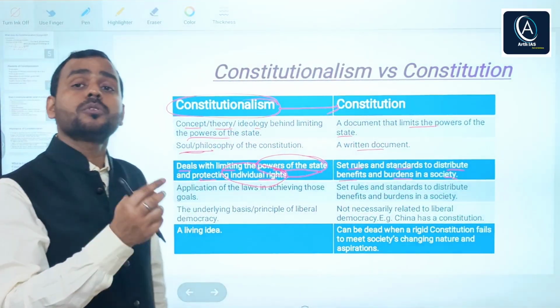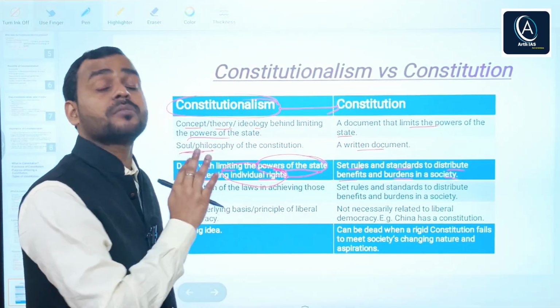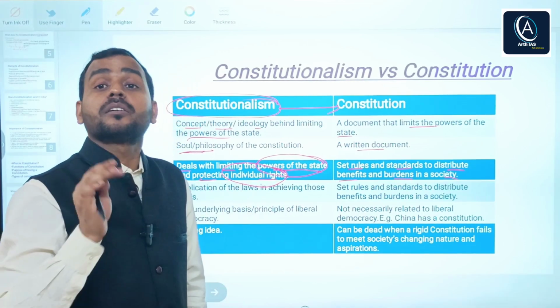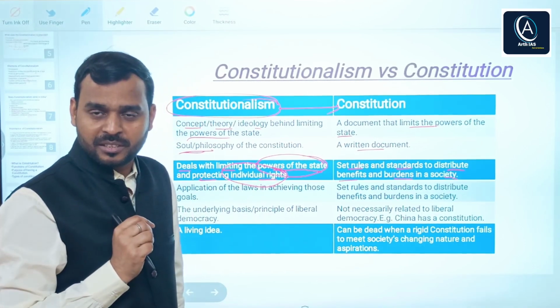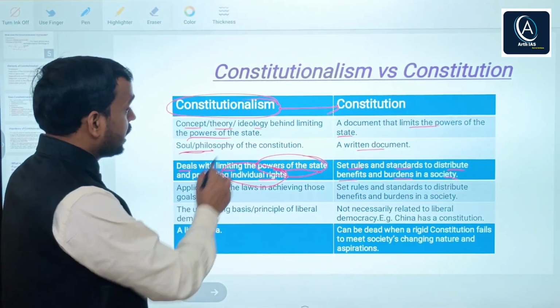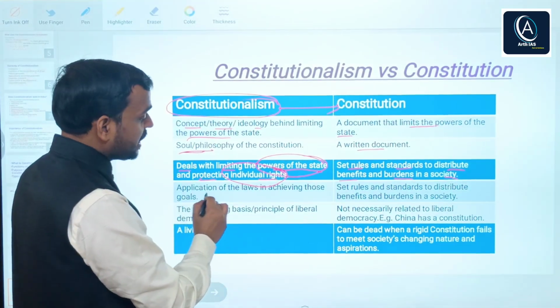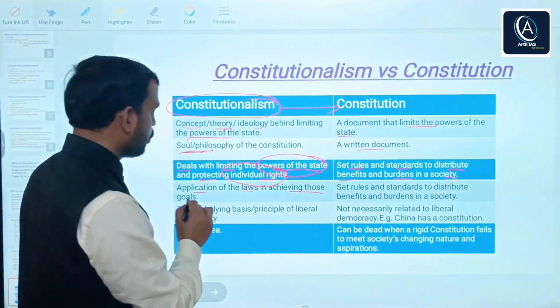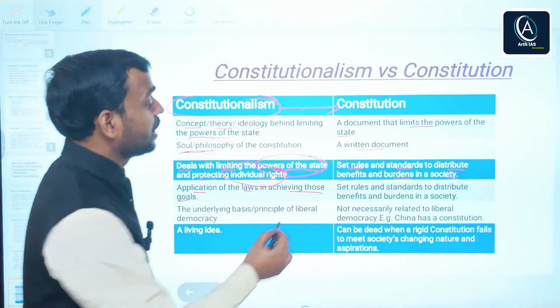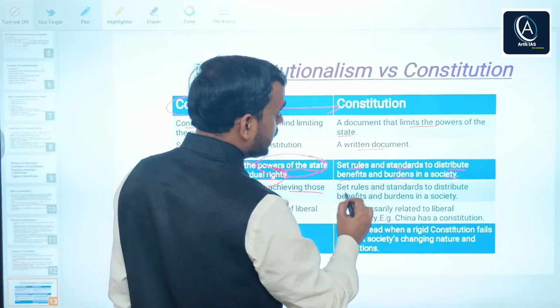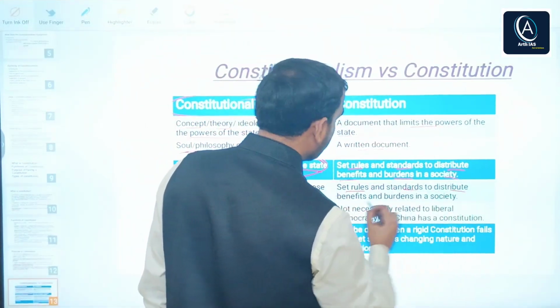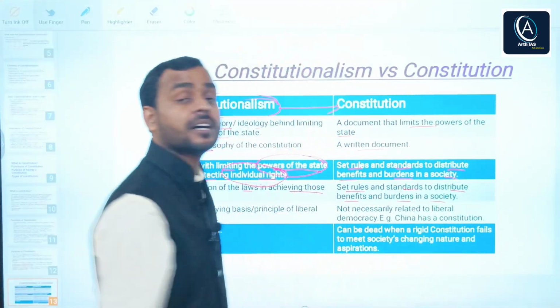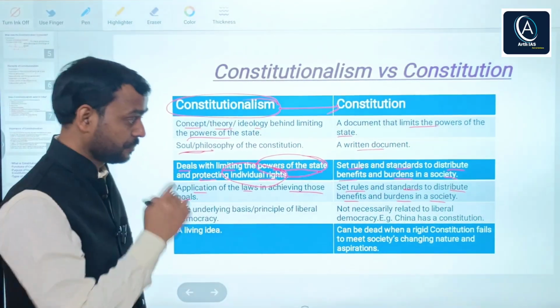Benefits, you get because of fundamental rights. Burdens means your duties. Again, constitutionalism speaks of the application of the law in achieving those goals, while the constitution sets rules and standards to distribute benefits and burdens in a society.